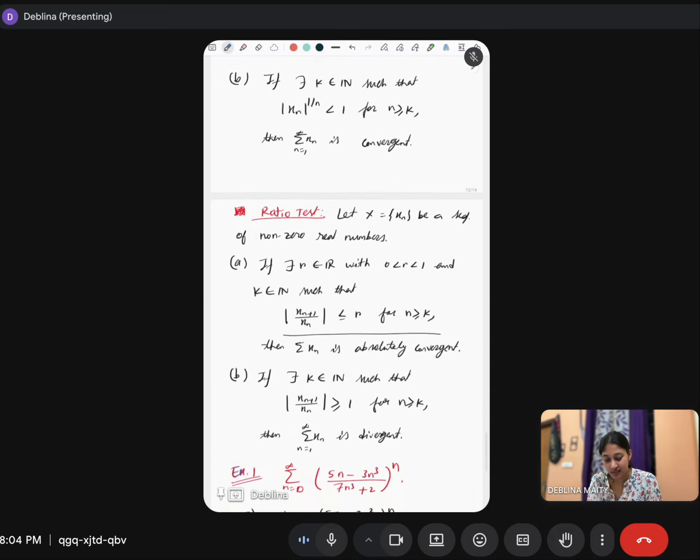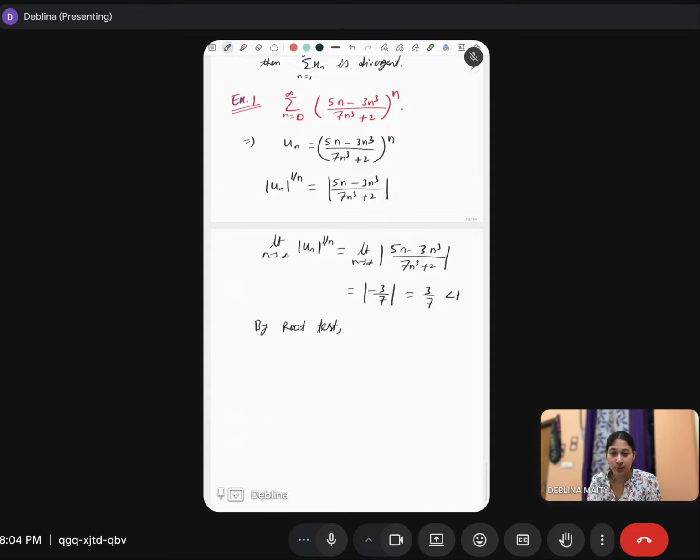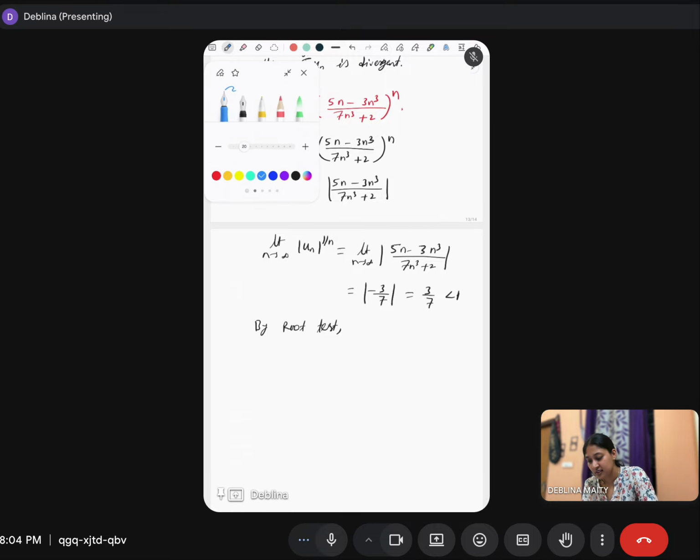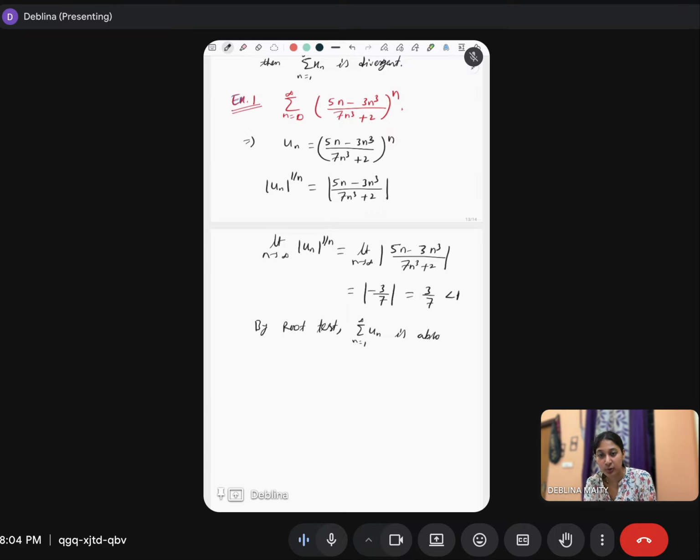Less than this 3 by 7, which is strictly less than 1, right? So by root test, this series is absolutely convergent, means the modulus is convergent, right?